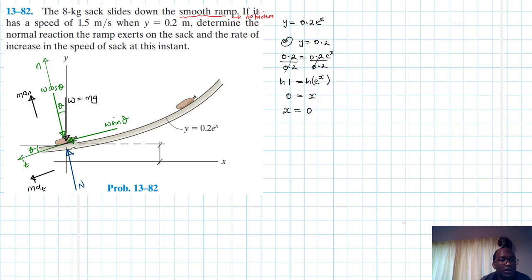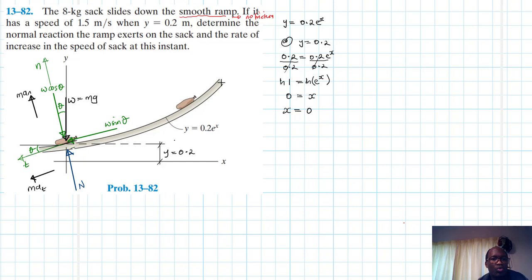So this one is where y is equal to 0.2, and this point here is our 0, 0. All right, so with this information, we can go ahead.